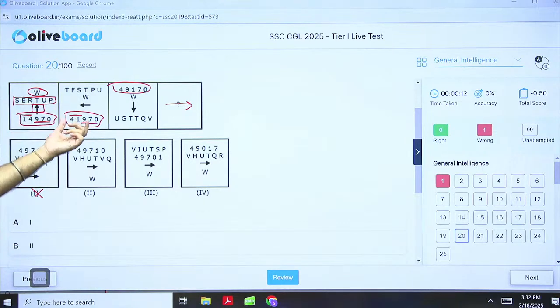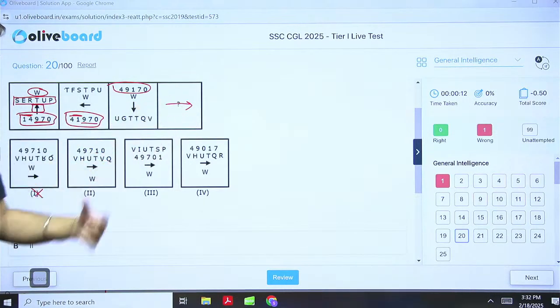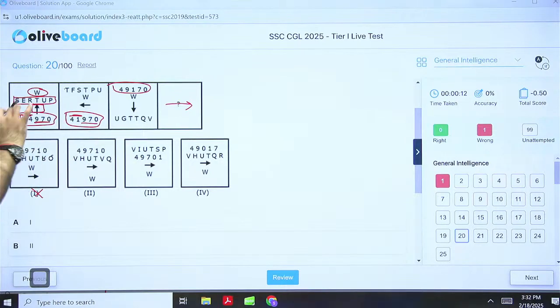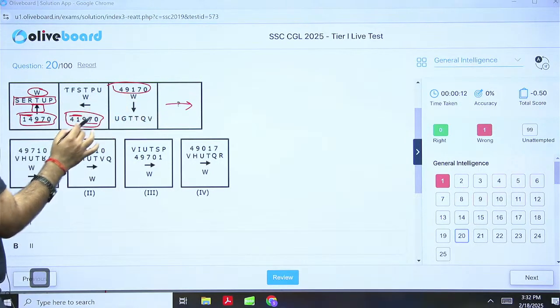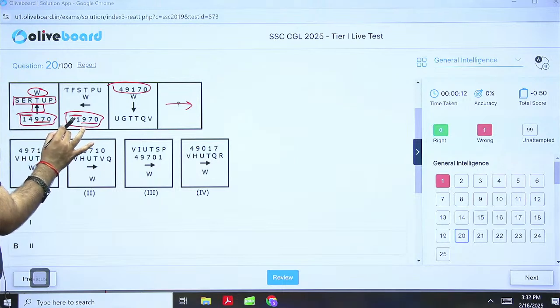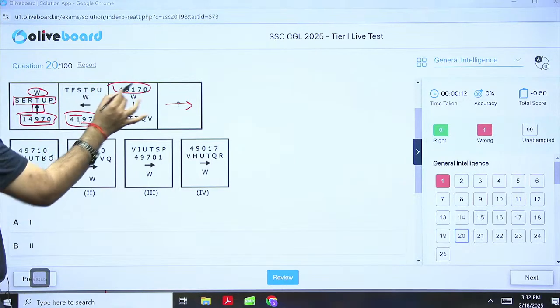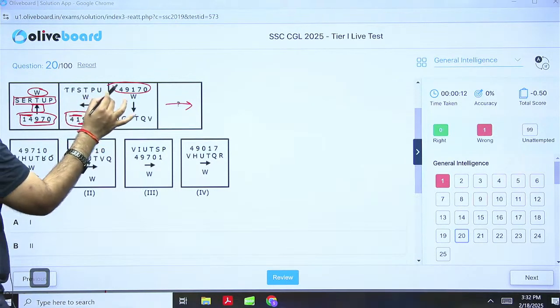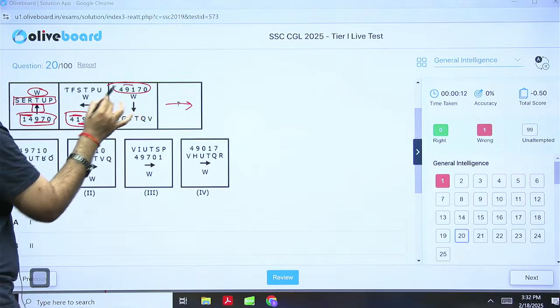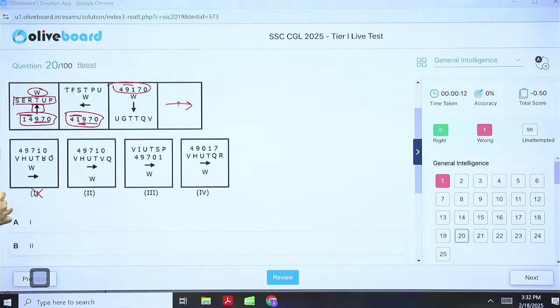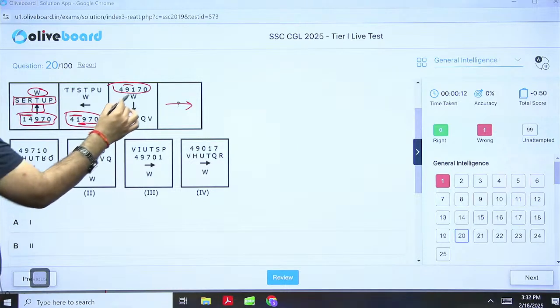Now number. So this has to be series and series repeated, but the series is not there in any of the options. So okay, fine. Next one will be 49170. If you see now, this time from here to here, 9 and 1 change their place. 4 remains the same, 7 and 0 remain the same. So in the next one, what do you think, what will change places? 7 and 1 will change their place.